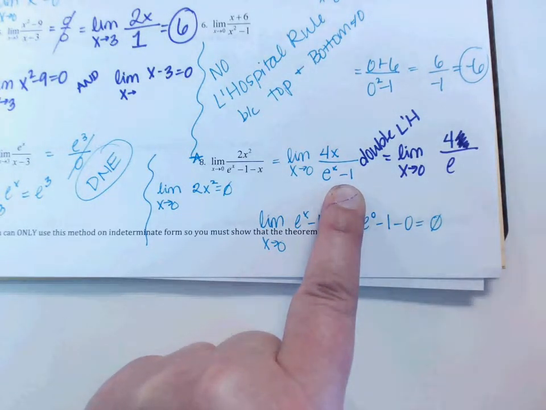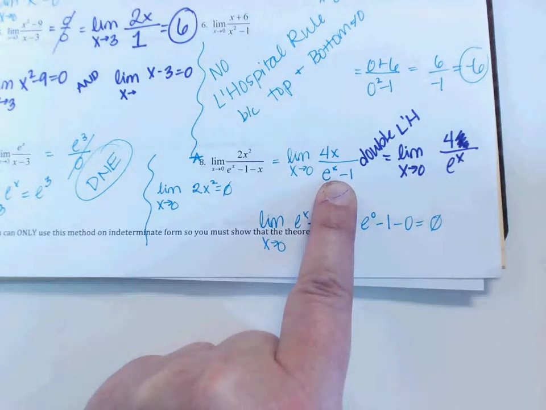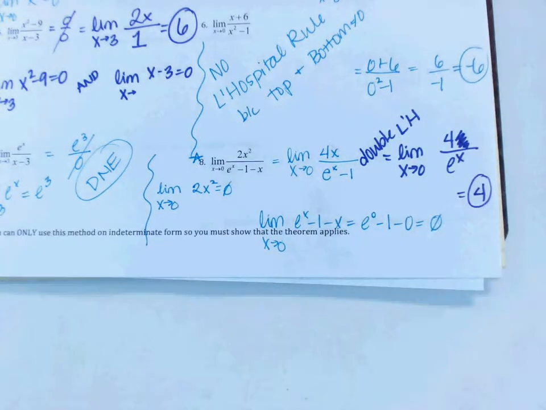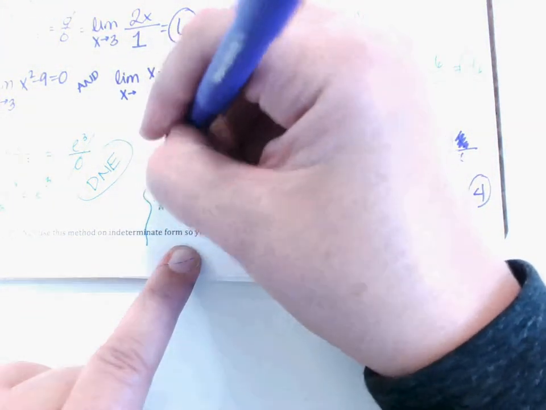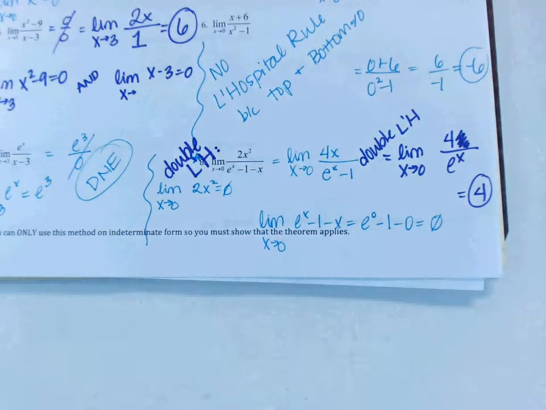Then e to the x minus 1, derivative's just e to the x. Then I plug in 0, what do I get? 4 over 1. So put a little star and I want you to write that's a double L apostrophe H. And you can always abbreviate it L apostrophe H and they'll know what you mean.